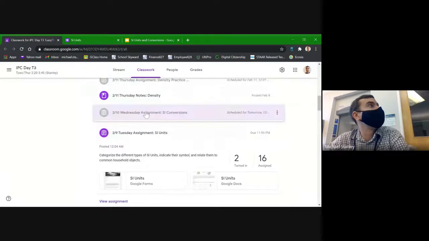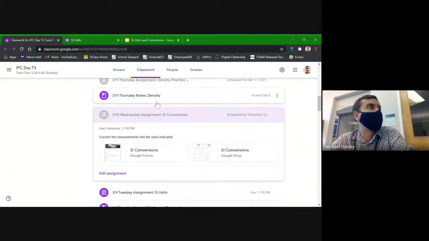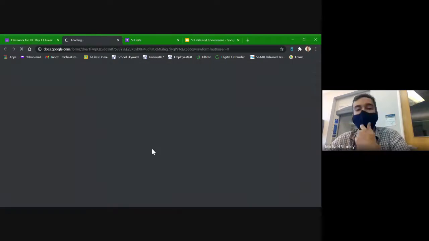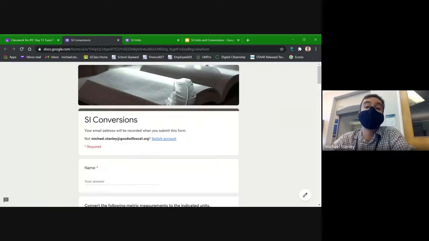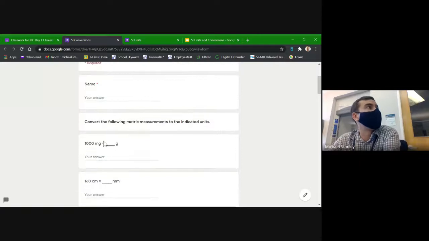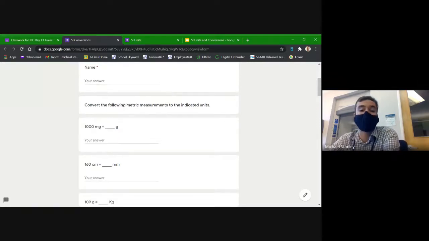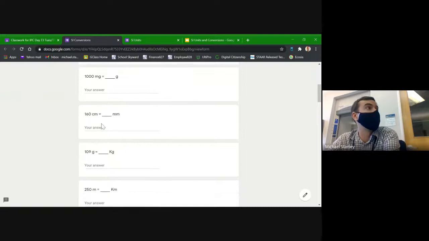And then tomorrow is a little bit lengthier in terms of questions and difficulty, but it is basically just a lot of examples of the SI conversions that we talked about at the end of the day today. For each one of these, I'm going to give you a measurement, and I want you to convert it into this final form. So this first question, how many grams are 1,000 milligrams?